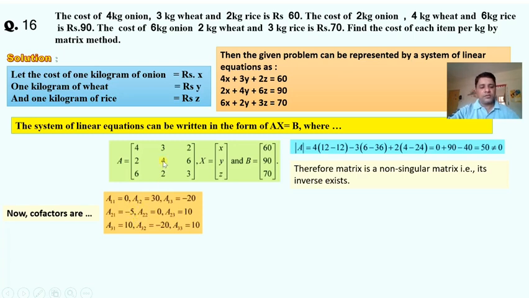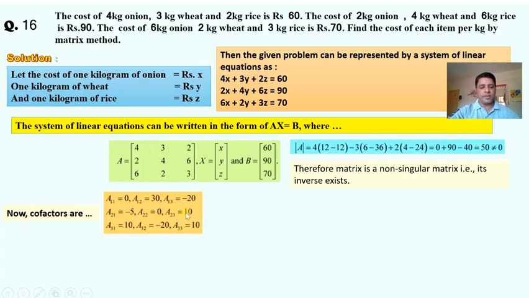And A22 means this middle term, leaving this way, again a positive sign inside, so 4 × 3 is 12, minus 6 × 2 is 12, so 0. A23 means minus 1 to the power 5, so a negative sign will come outside, leaving this way, 4 × 2 is 8 minus 18, so that is minus 10 inside, and because of this 2 3, negative negative is positive 10.